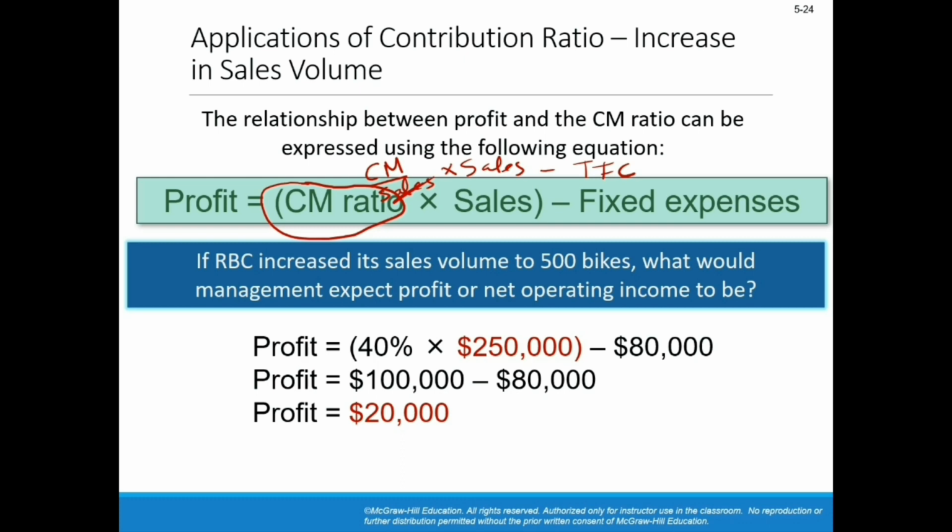You will have sales offsetting this sales, and you will end up with CM minus total fixed cost, which is basically profit. We are using this to make our life easier in order to answer questions such as how much you need to make in sales so that you attain a specific number in profit. You'll see what I mean.